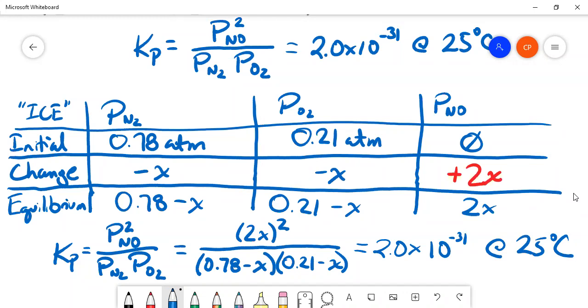But what's going to be tiny here? Is the numerator going to be tiny, or is the denominator going to be tiny? Numerator is going to be really, really tiny. Okay? That means x is going to be pretty tiny.